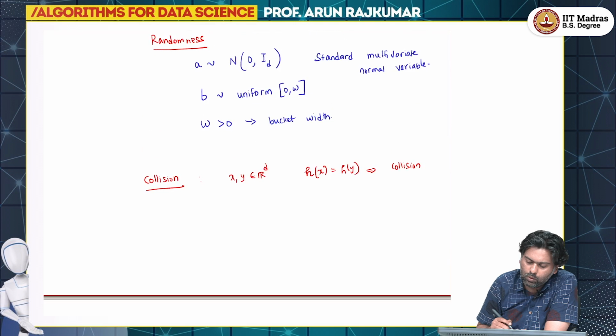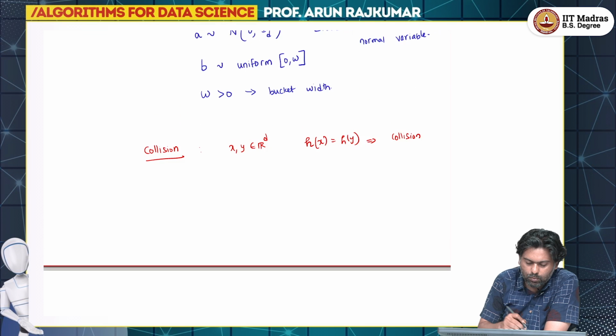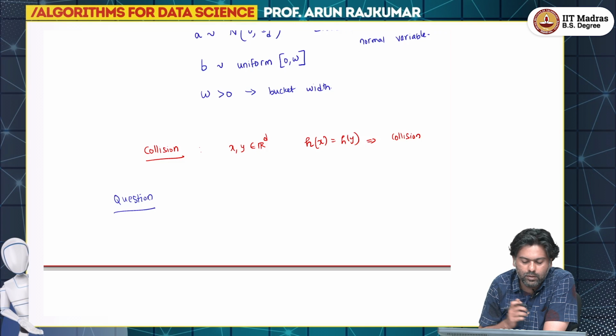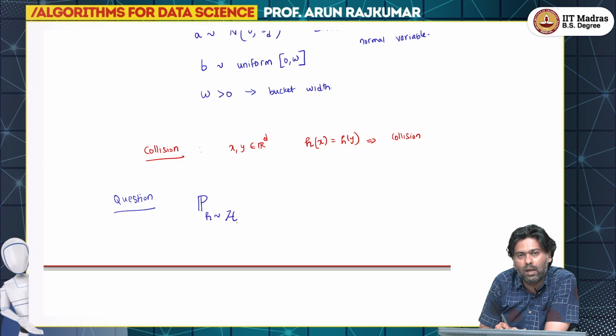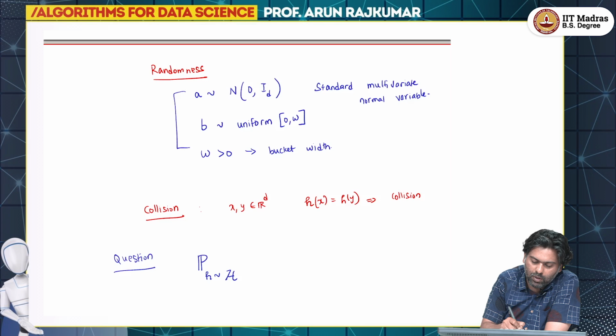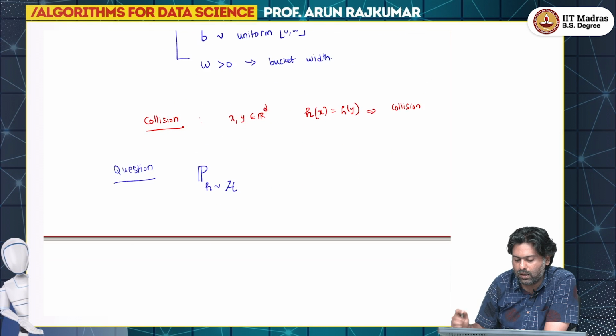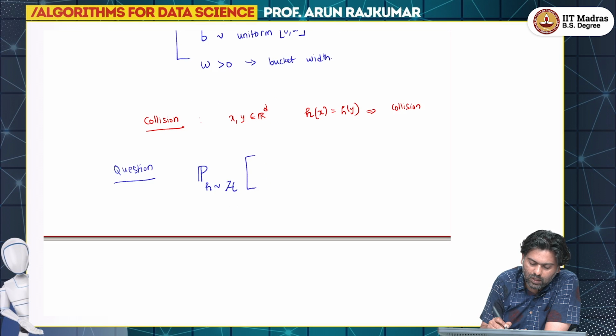Now, what I want to argue is what is the probability. My question is: what is the chance of a collision happening? If I take any x and y, what is the chance that, if I draw a small h from capital H, the family, according to the procedure that I described earlier, where A and B are randomly generated, and once they are generated that corresponds to a function I have picked from script H, that h of x equals h of y?